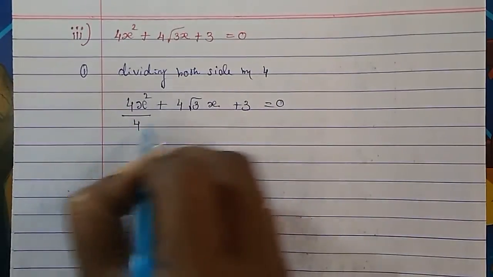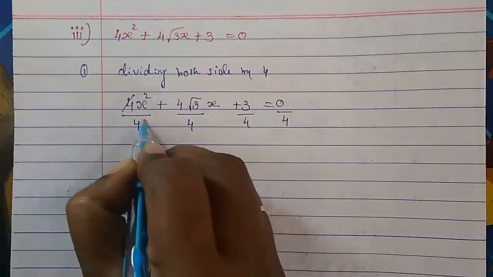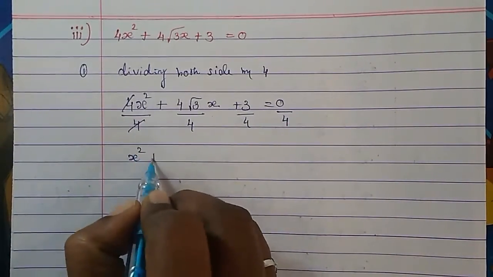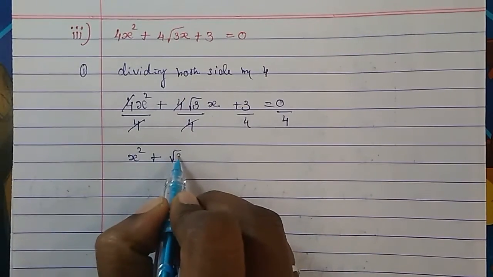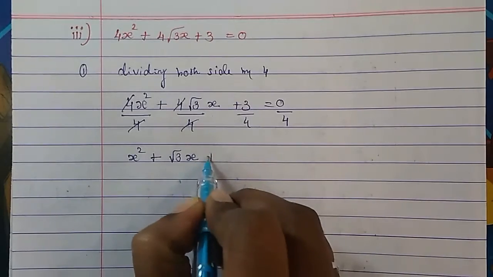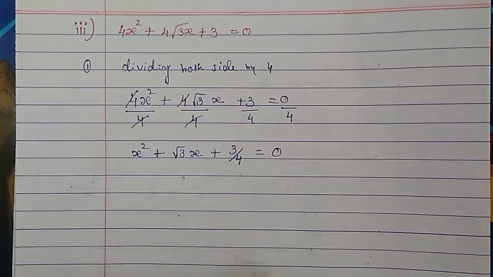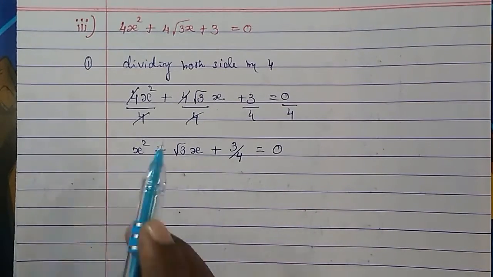So divide all with the 4. So this gets cancelled. Then write down the remaining as it is. This 4 also gets cancelled. So you will have root 3 and x. Then 3 upon 4. This also becomes 0. So this is your first step to remove the coefficient of x square.